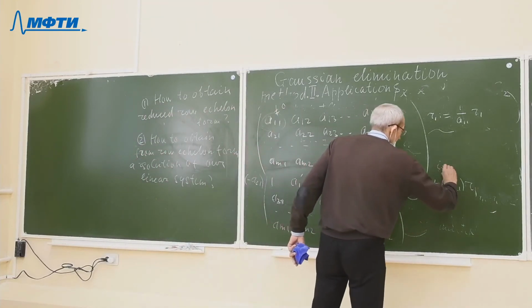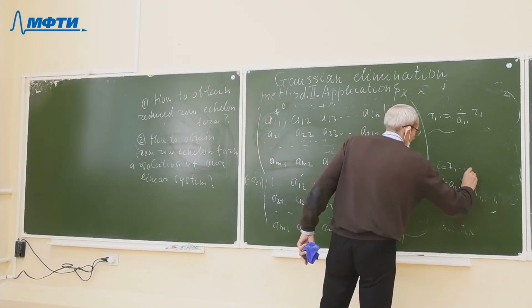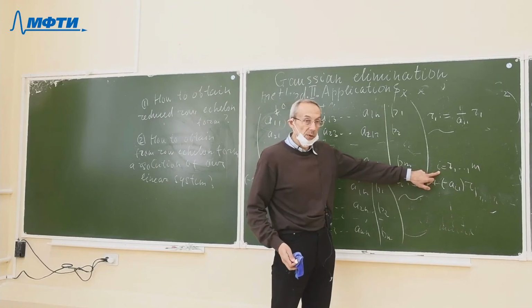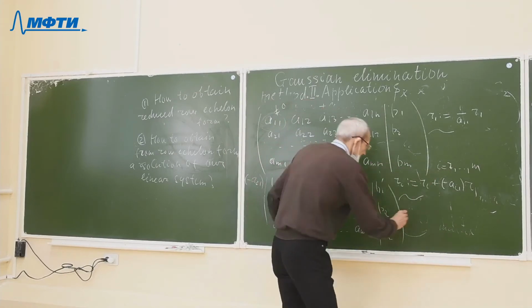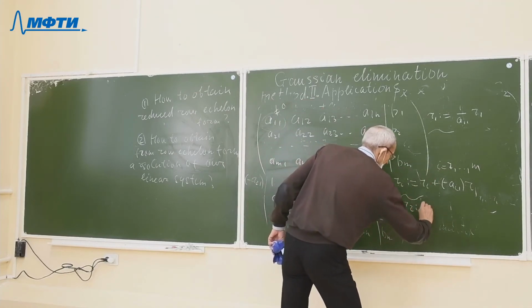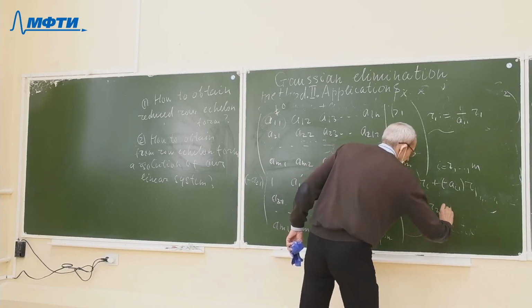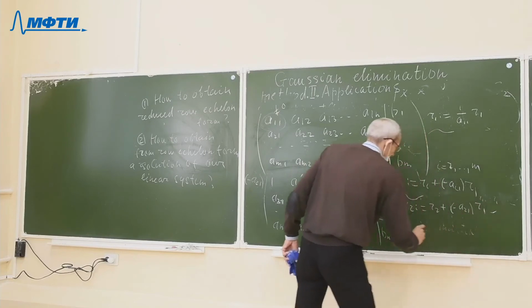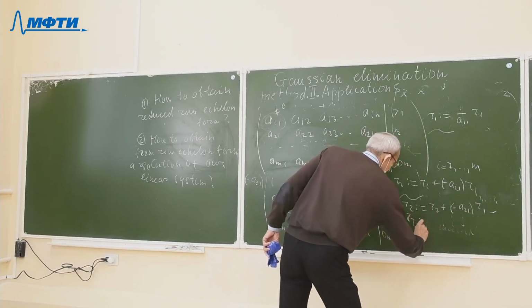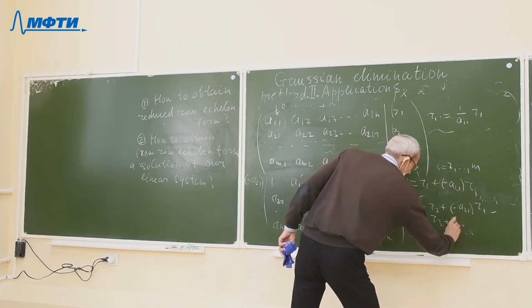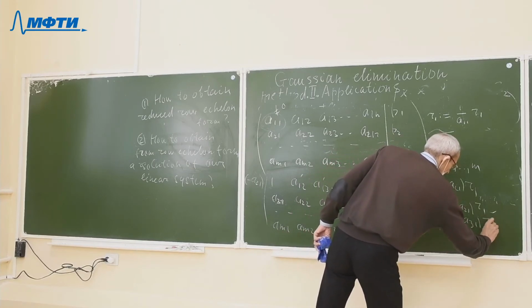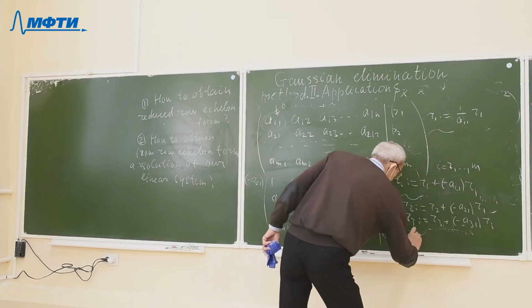We have m minus 1 operations. R2 is equal to R2 plus minus a21 R1. R3 is equal to R3 plus minus a31 R1, and so on.